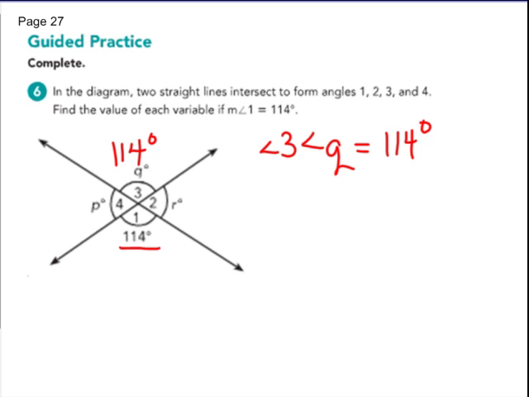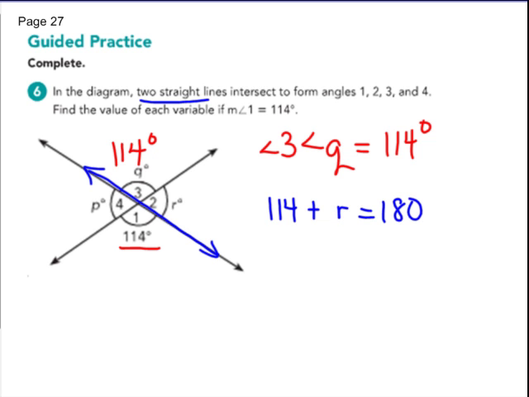But angle 2 and 3 make this straight line here. That's what we were told, that they are two straight lines. So 2 and 3 are supplementary adjacent angles. So that 114, that's 3, plus my angle 2, which they're calling R, has to equal 180.